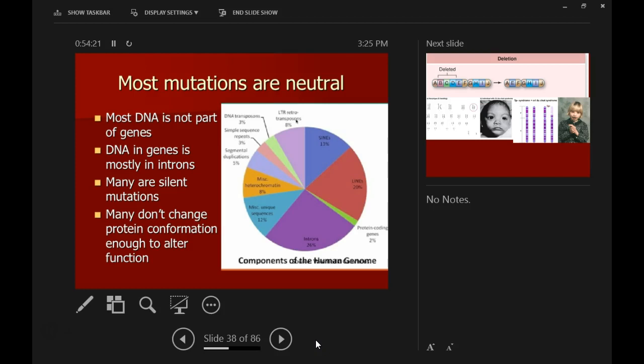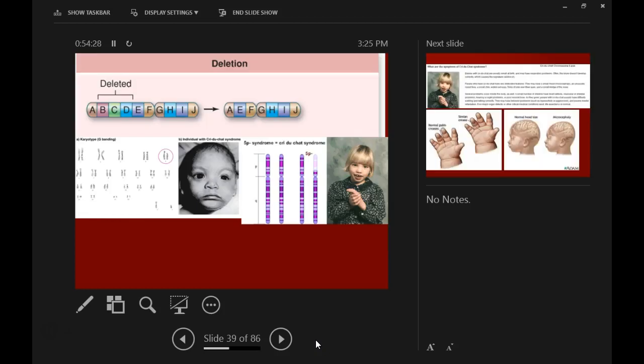We're going to start off with one that is called a deletion. But instead of a few bases being deleted, it's a whole segment of a chromosome. Now, there are a lot of disorders that have this, but here's a famous one. This is called cri-du-chat.